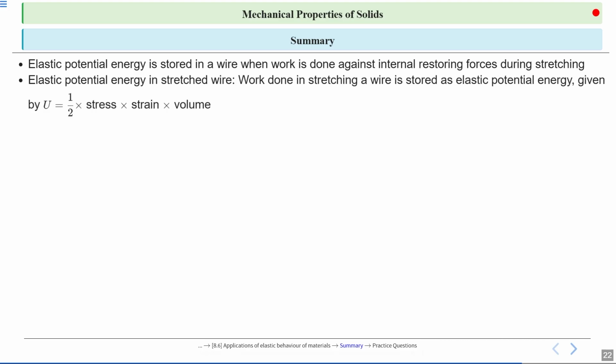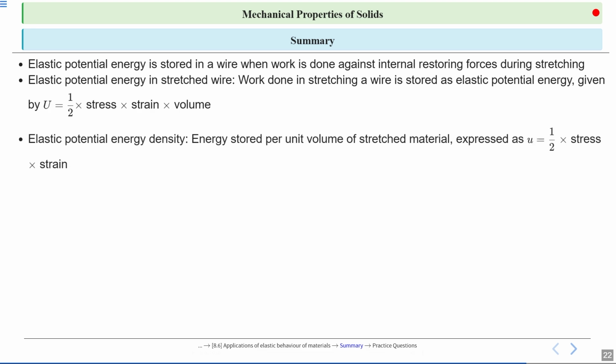Elastic potential energy in a stretched wire: work done in stretching a wire is stored as elastic potential energy given by U equal to 1 by 2 into stress into strain into volume. Elastic potential energy density is the energy stored per unit volume of stressed material, expressed as U equal to 1 by 2 into stress into strain.